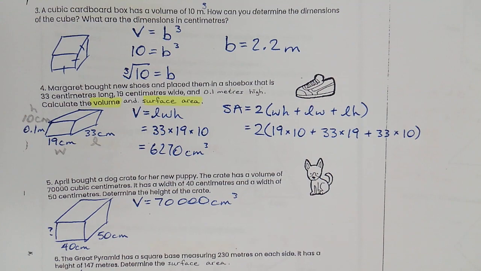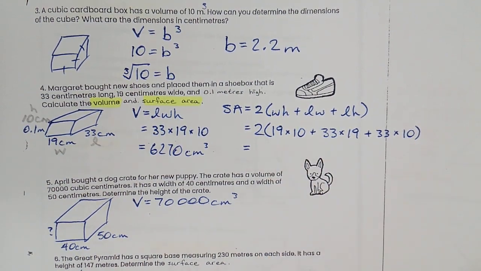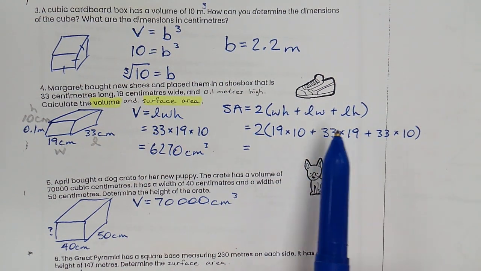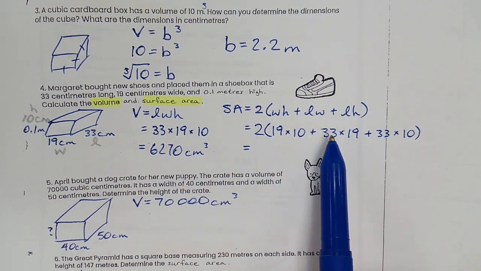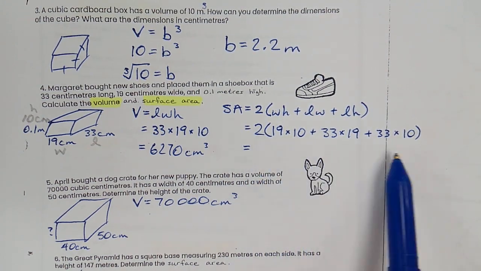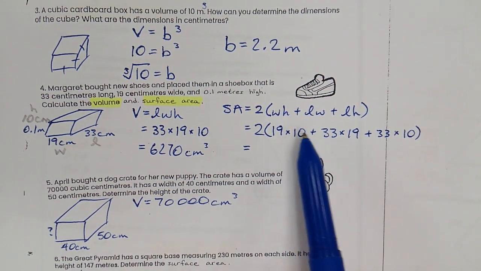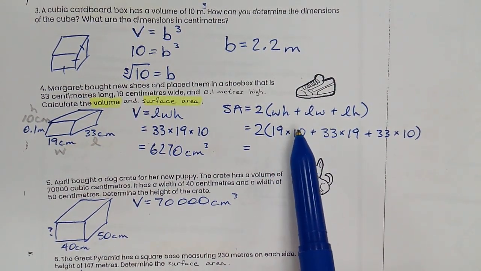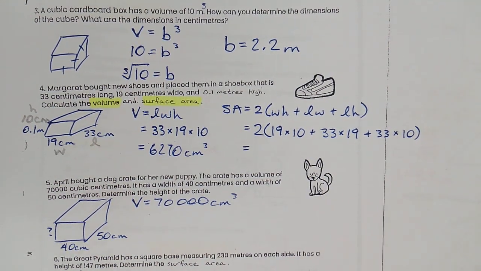Okay. What's the tricky part to this? Can I just do the 2 times 19 times 10 and then add 33 times 19 like that? What do you have to be careful with here? Inside the bracket first, BEDMAS. So brackets, multiplication, addition, and then times it by 2.